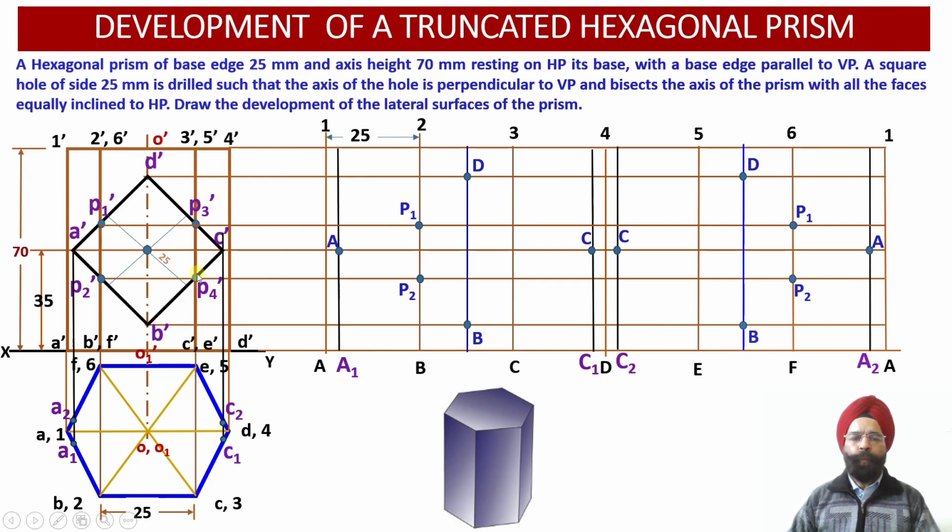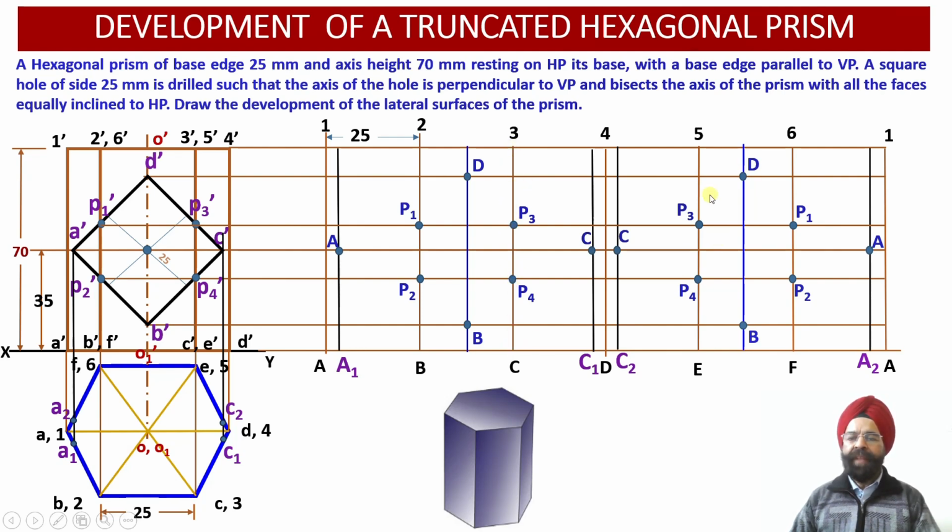From these 2 points P3 dash and P4 dash, if we draw horizontal projector lines, wherever these lines intersect with the vertical projectors 3C and 5E, we get the 2 points of intersection P3, P4 onto the front face on the vertical edge 3C.